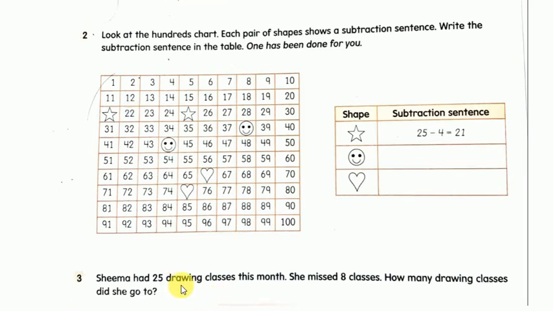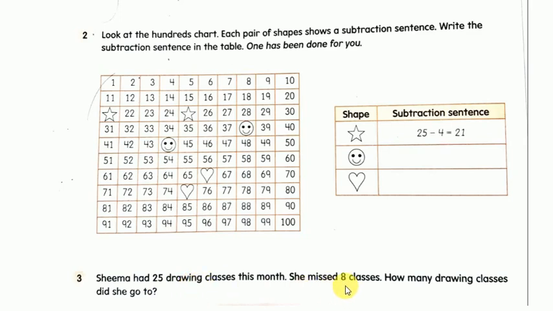We have already discussed one story problem, right? Now the third question is again a story problem. Shima had 25 drawing classes this month. She missed 8 classes. How many drawing classes did she go? So here also subtraction. You have to subtract 8 classes from 25 classes.